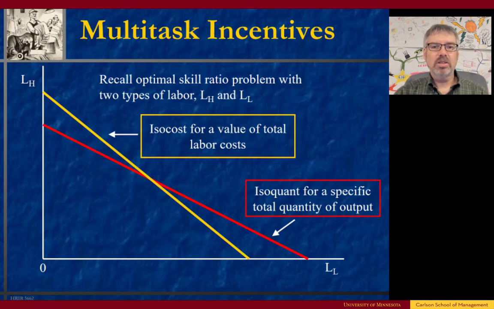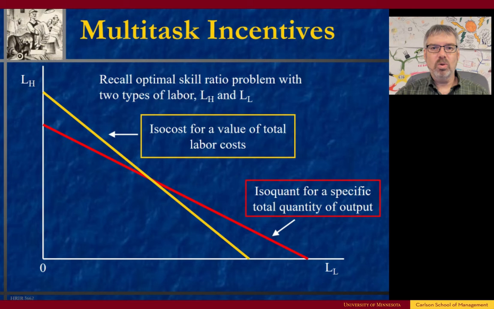And so to do this, it's useful to go back to the iso-cost and iso-quant diagram that we had earlier in the course. And so here's a reminder of that. On the vertical axis, we have units of high-skilled labor. On the horizontal axis, we have units of low-skilled labor. And we have iso-cost curve in yellow, combinations of high and low skilled labor that yield the same level of cost.